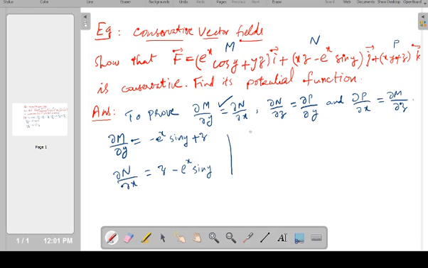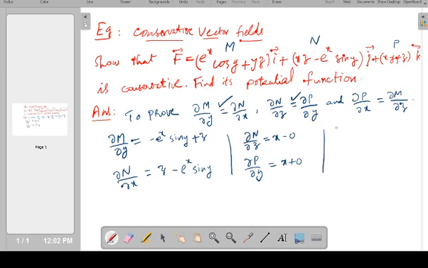Similarly, dou N by dou z. What is this? x minus 0. And what is dou P by dou y? Dou P by dou y is x plus 0. So both are equal. That means we have proved this.